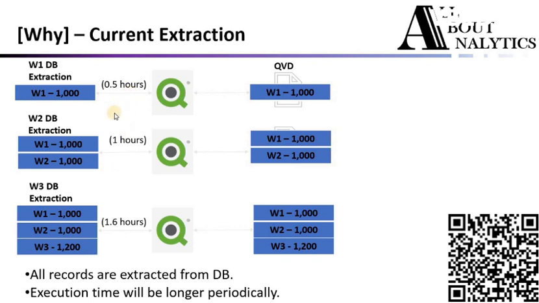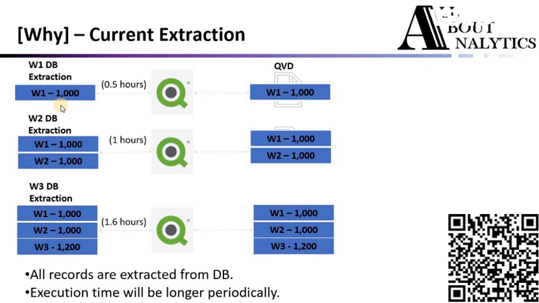So basically, if we add week 1 and week 2, that will be an hour to be extracted into Qlik Sense format. Coming into week 3, the execution time is getting more and more staggered, and it will be longer and longer for the extraction to complete, right?